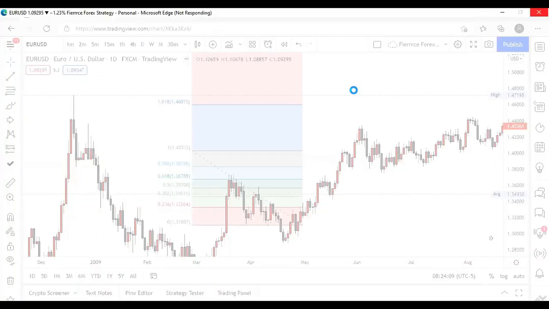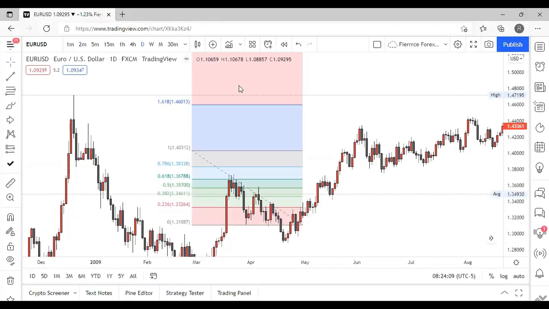Now, we are still on Euro USD. I'm just giving this chart time to warm up. We can get the Fibonacci.